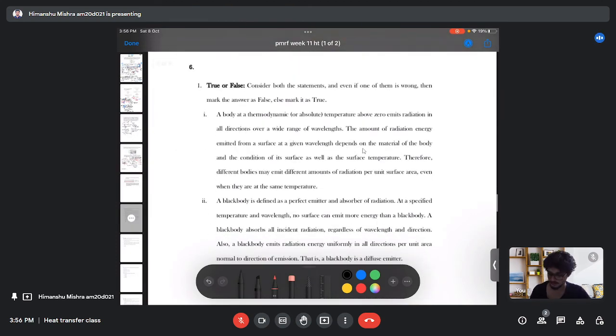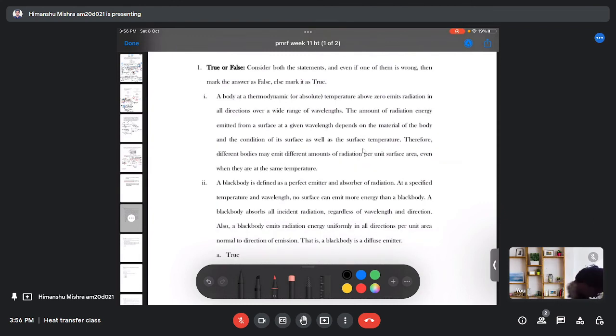Let's move to the true and false questions quickly. We need to identify which statement is true or false. The first statement says that a body at a thermodynamic temperature above 0 emits radiation in all directions over a wide range of wavelengths.